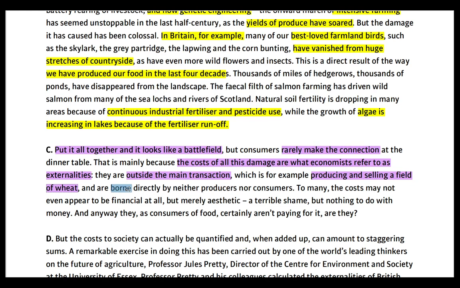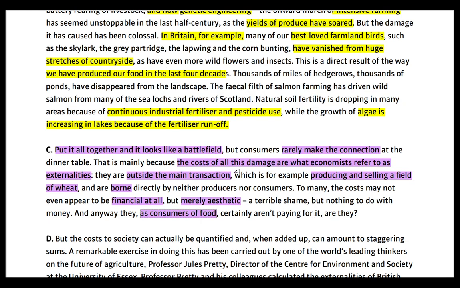So the word borne means carried by. To many, costs may not even appear to be financial at all, but merely aesthetic, a terrible shame but nothing to do with money. And anyway, as consumers of food, they certainly aren't paying for it, are they?